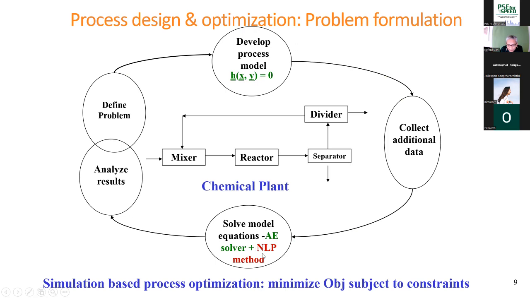In this case, it's a nonlinear programming method because there are no integer variables. And if there is an optimization method, it also needs additional equations, which are the objective function and the constraints.